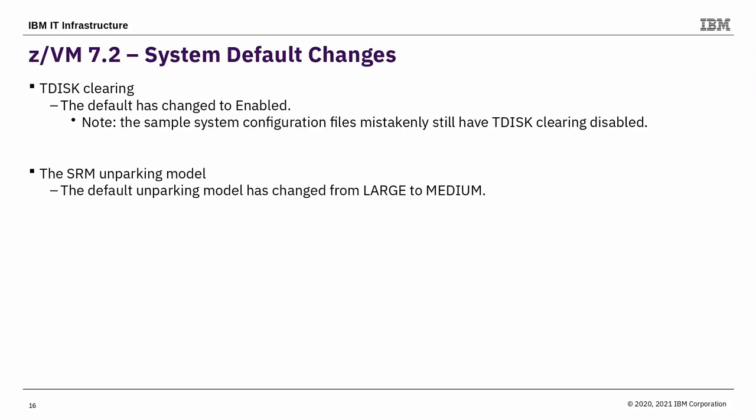The SRM unparking model has changed. Again, what this means is that the vertical polarization work has changed how the operating system communicates with Prism to say park this, unpark this. It turned out that medium is more commonly the right thing to do. For those that aren't familiar, the way I think about it is if you vary a logical processor online or offline, it takes a while.